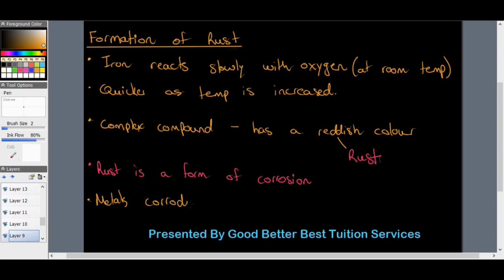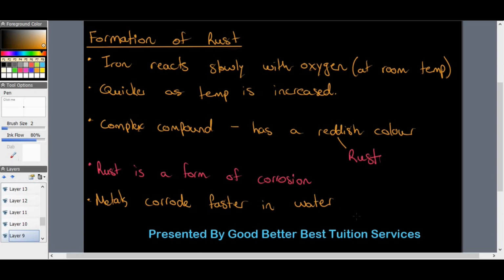So metals corrode, in other words get eaten away or rust, faster in water. You can imagine any metal structure built underwater needs to be heavily protected against corrosion with other substances.